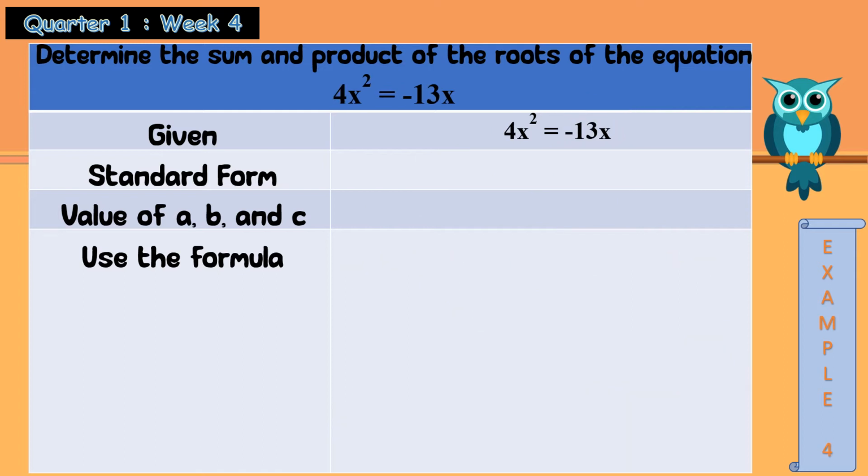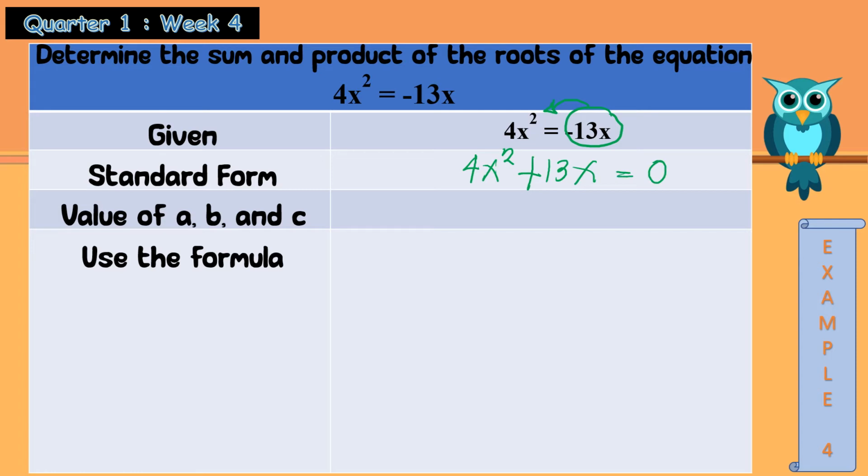Then, for our next example, we have here 4x squared is equal to negative 13x. So our linear term, again, will be moved to the other side of our equation. So you have here 4x squared plus 13x is equal to 0.